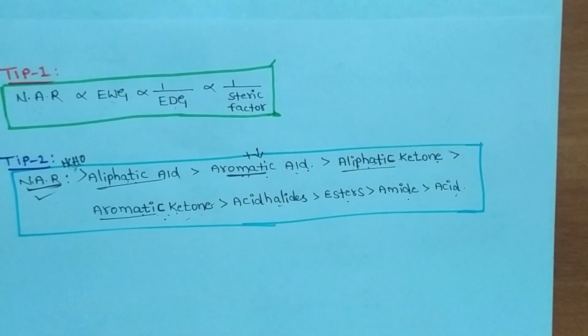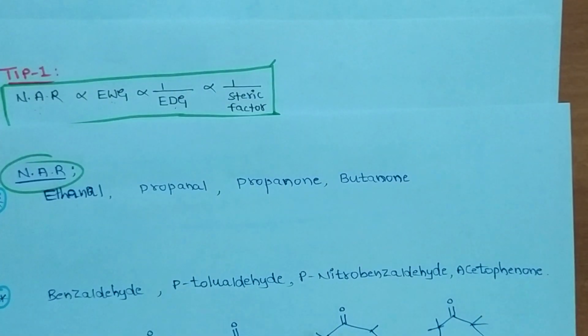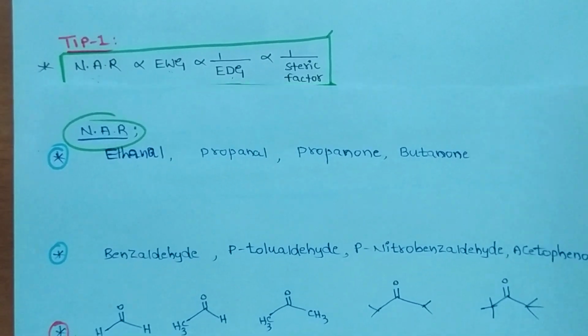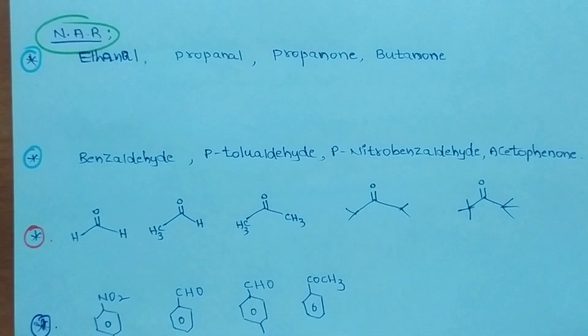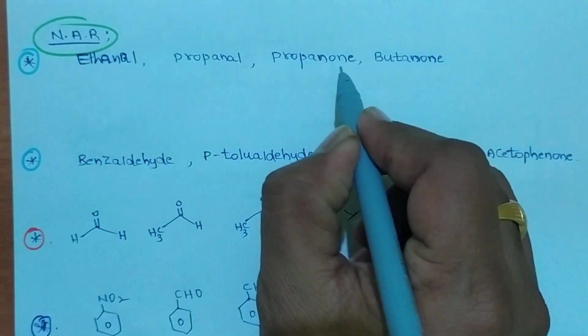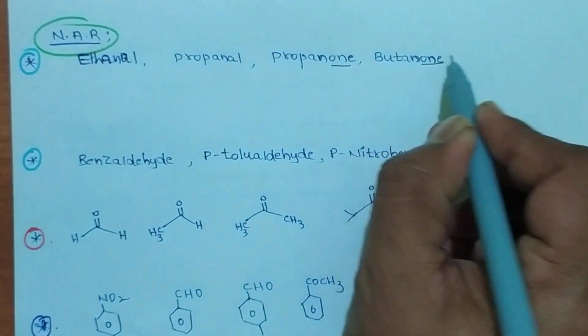Now by using these tips, we can solve the questions very easily. First question: ethanal, propanal, propanone, butanone. If the suffix is one, they are ketones.